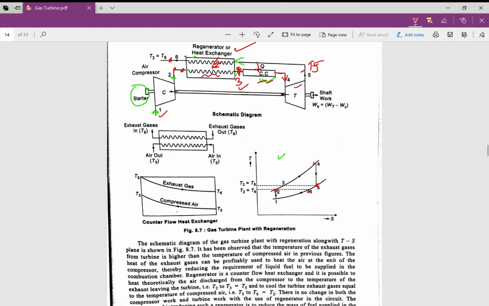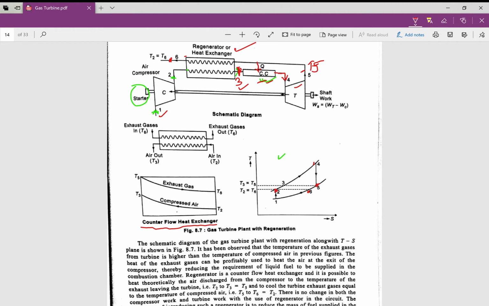The heat transfer that takes place in this regenerator or heat exchanger is in a counter flow heat exchanger. Dear students, as we know, there are three types of heat exchangers: parallel flow, counter flow, and mixed flow heat exchanger.